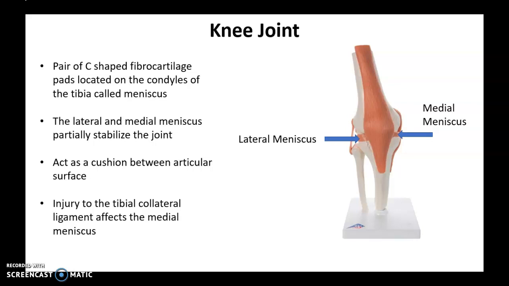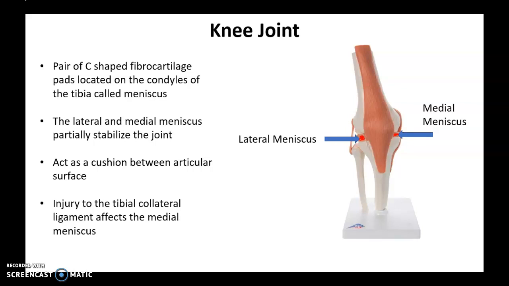Few other things about the knee joint. Deep to the articular capsule and within the knee joint itself are a pair of C-shaped fibrocartilage pads. Do you see these? These are fibrocartilage pads located on the condyles of the tibia.